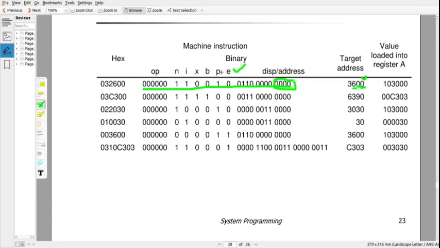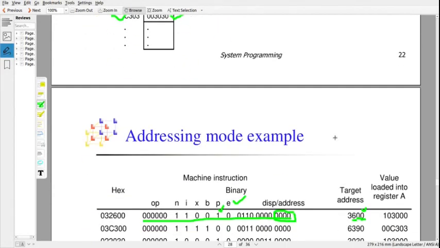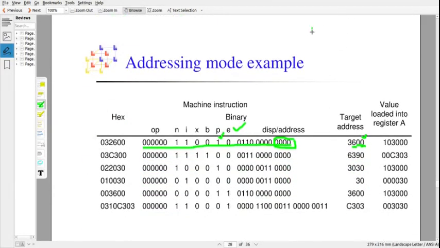Then since it is program counter relative, the program counter contains the value 003000. Then the target address is 003000 plus what is available in the displacement.